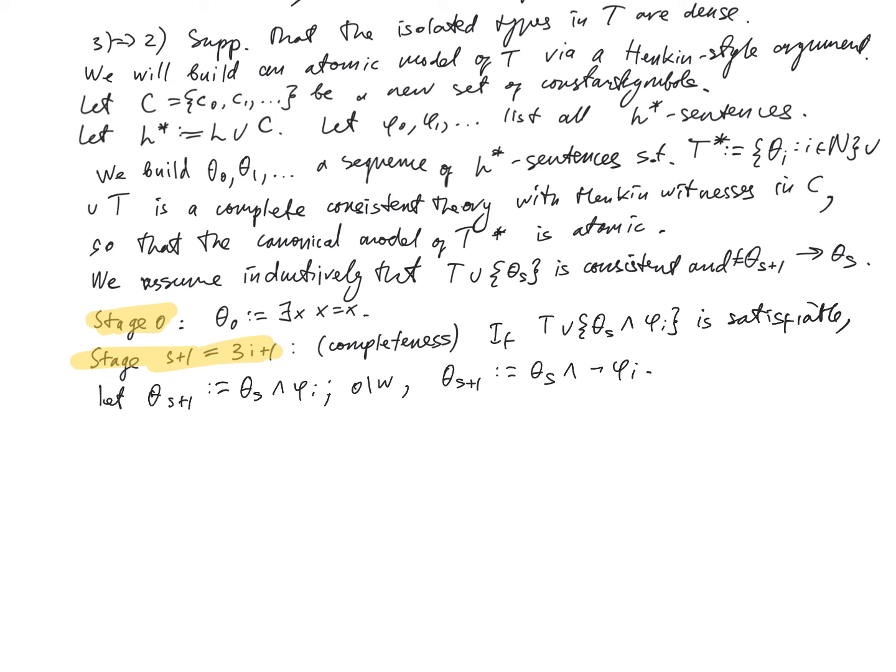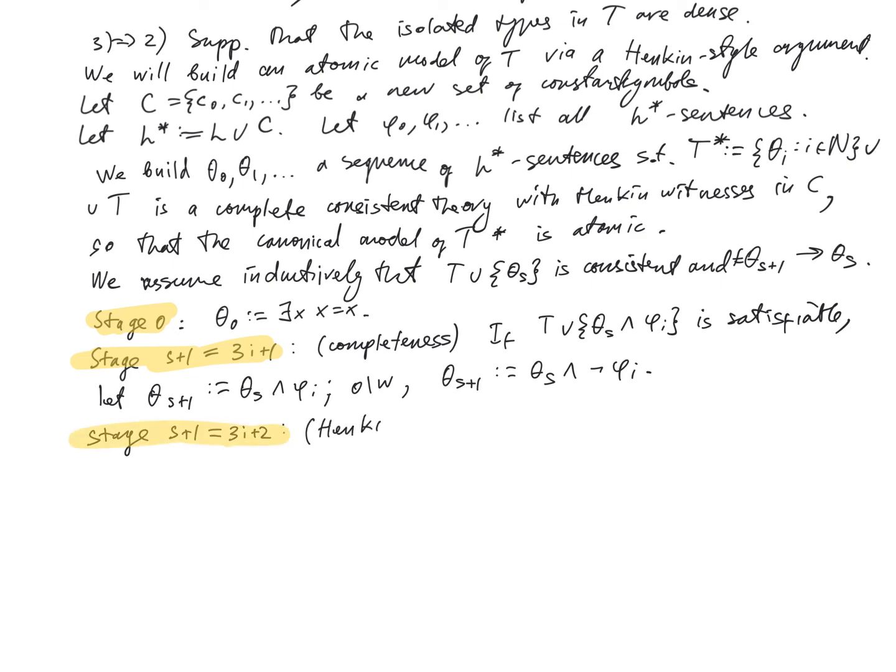This clause will ensure that every sentence or its negation will be implied by the theory T star that we were constructing.